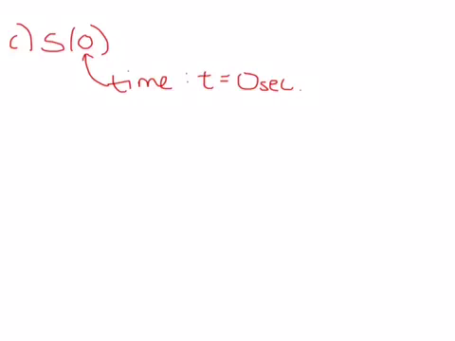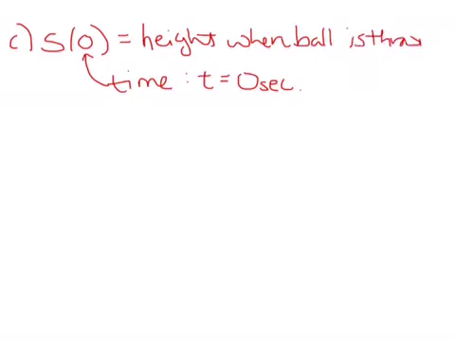Well, if 0 seconds has elapsed since we've thrown the ball, that means that S of 0 is going to give us the height right at the instant when the ball is thrown. So what we need to do is just calculate that now.